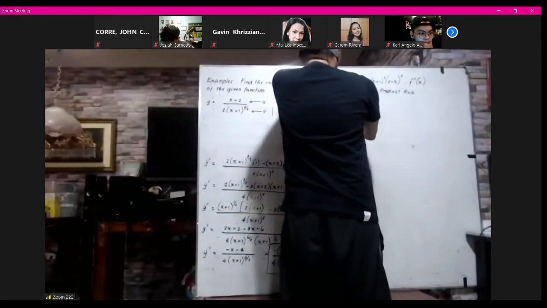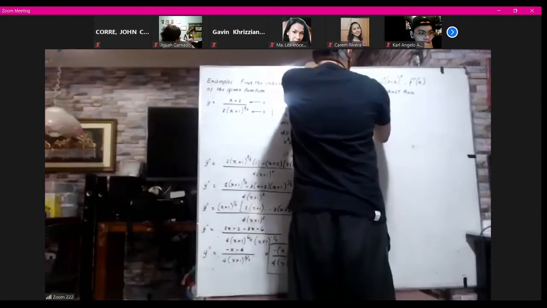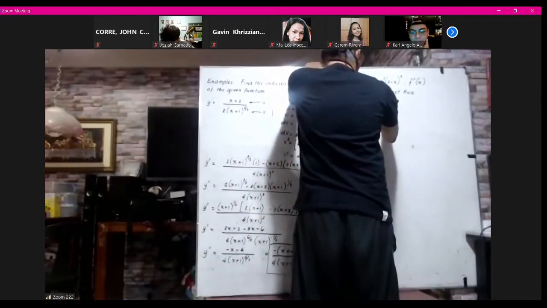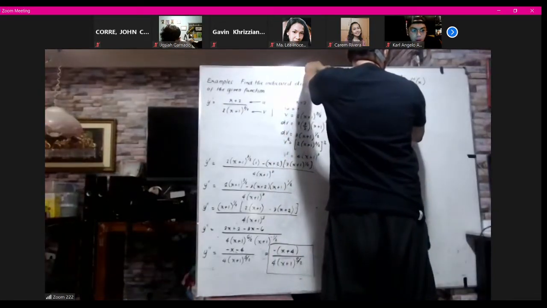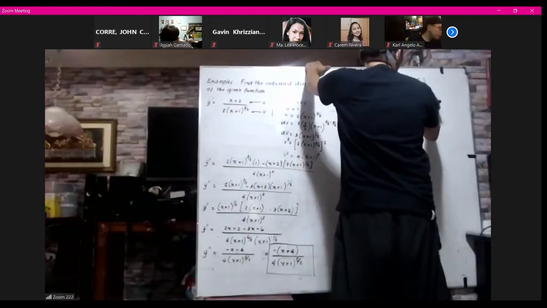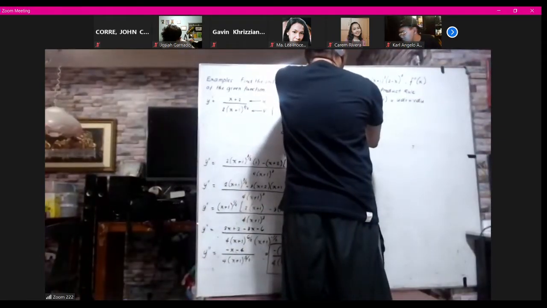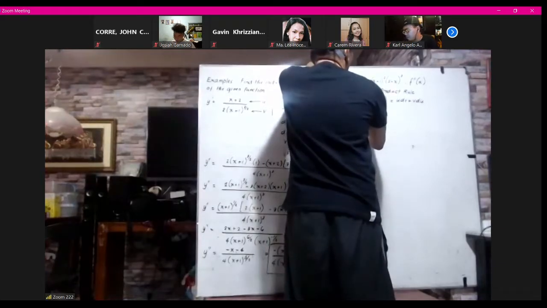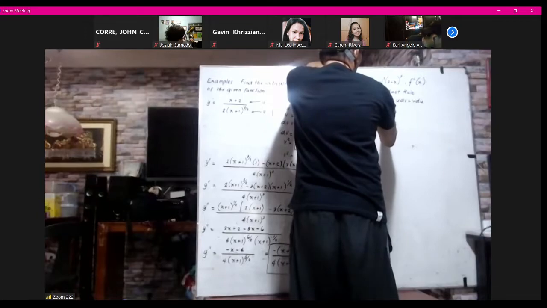Okay? So, recall, the derivative of u times v equals u times the derivative of v plus v times the derivative of u. Okay? So, dito, ilagay natin let u equals (x plus 1) squared.